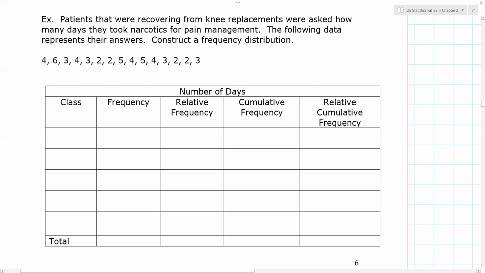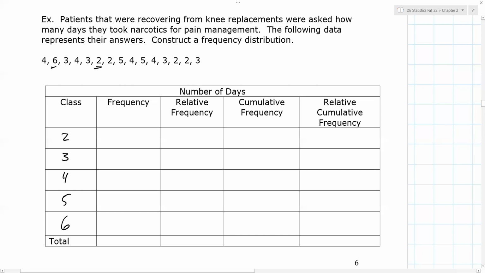So we look for the lowest, we look for the highest. So lowest appears to be 2 and the highest appears to be 6. So we need to make sure that we contain all possible values between 2 and 6. So that means 2, 3, 4, 5, and 6.